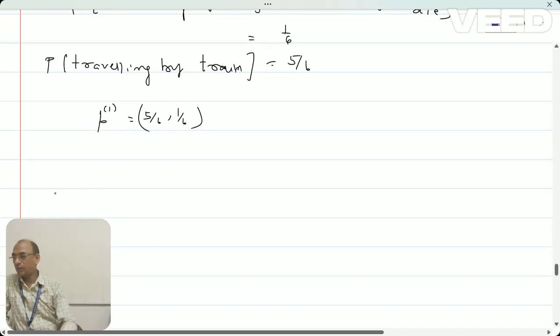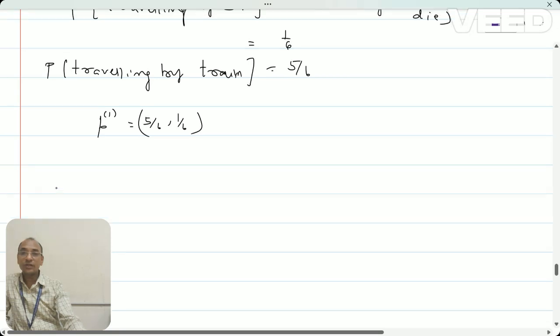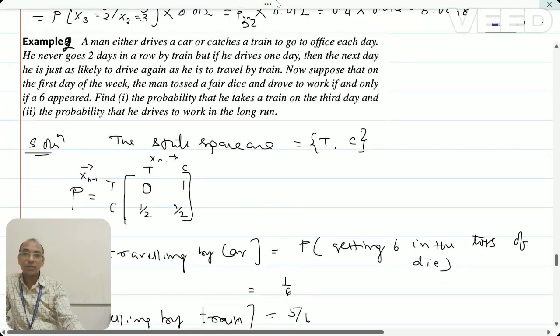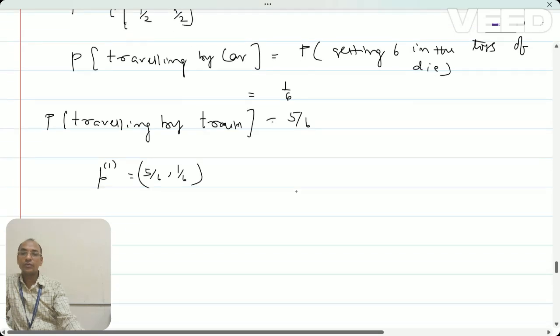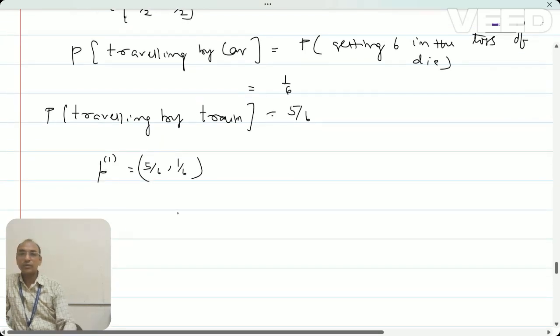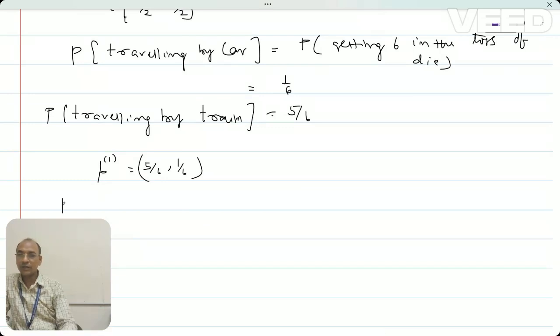Now what is the question saying? What is the probability that he takes a train on the third day? We want to find that one. In order to find that, I will first find P2. P2 means P1 into the TPM.